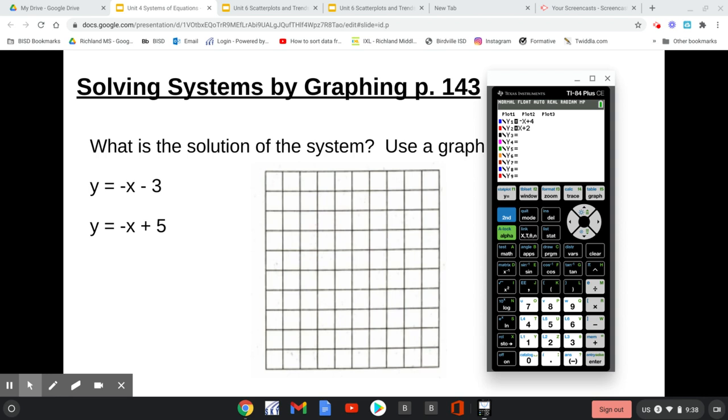I'm going to hit negative x minus 3. I'm going to hit enter. And what the heck is all this? I have no idea. Negative x plus 5. Enter. I'm going to hit second trace 5.